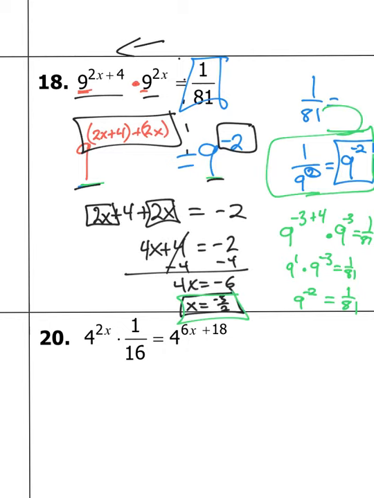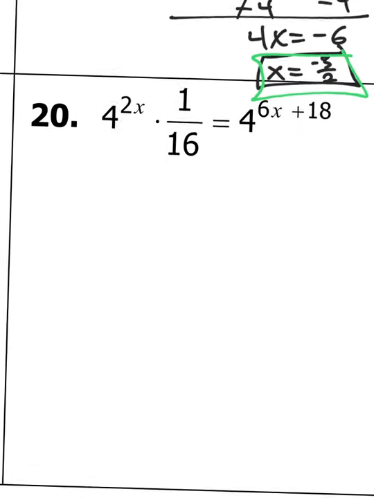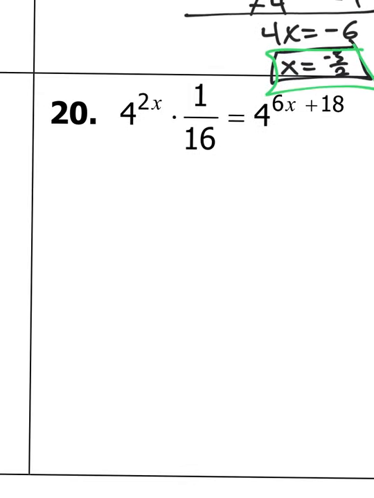That is our answer. We're done. All right, last one for today, because this one looks kind of difficult, even though it's not. I see a base 4, I see a 16, I see a base 4. Hopefully that to you is like, oh, I just need to make them all base 4, because I know that 16 can be rewritten with base 4. I can rewrite 16 as 4 squared. So my first term, I'm just going to keep.